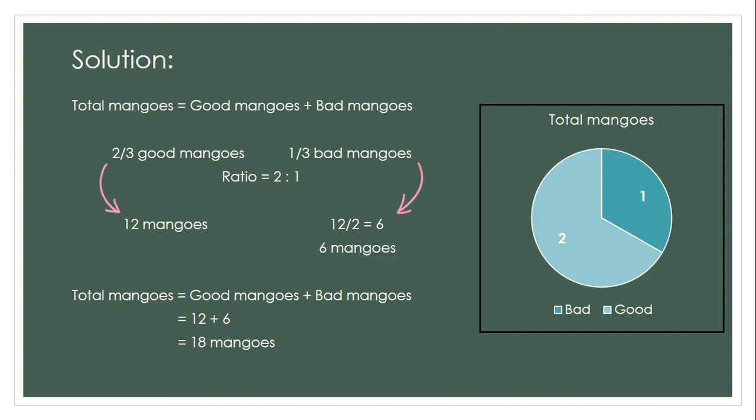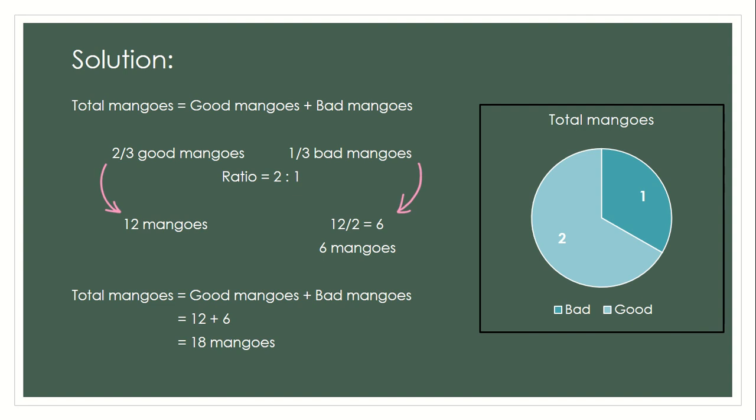For the solution, from the information in the problem, they know that 2/3 of the mangoes are in good condition, which is 12 mangoes. So 1/3 of the mangoes are in bad condition. The ratio of good mangoes to bad mangoes is 2:1.